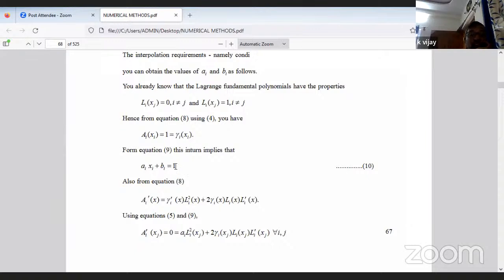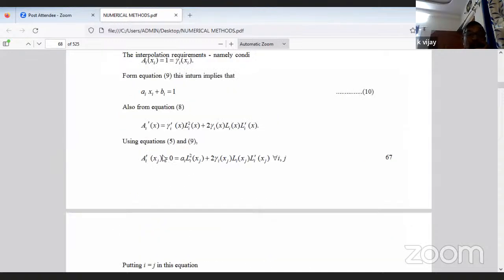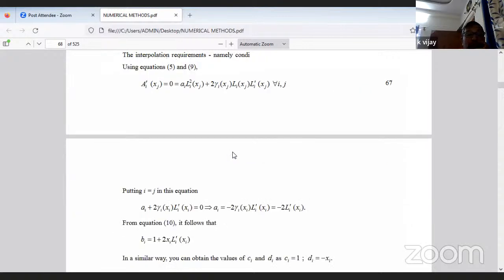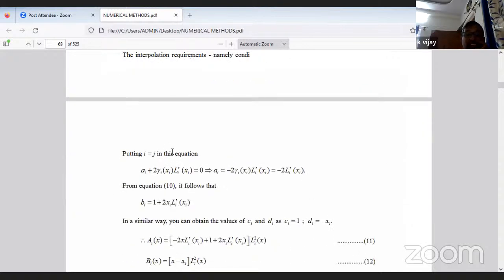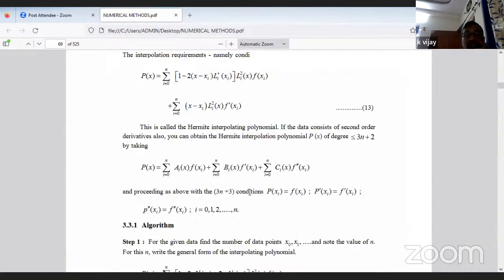So the interpolation equation gives ai xi plus bi is equal to 1. So that is the form applying here. Therefore equations 5 and 9 also give the same solutions. Therefore substituting ai dash xi, 2 gamma xi Li dash xi plus gamma dash xi is equal to 0, and that gives the value on the right side, minus 2 Li dash xi. So therefore bi x is equal to 1 plus 2x. These values are fundamental. This one, p double dash xi is equal to f double dash xi.